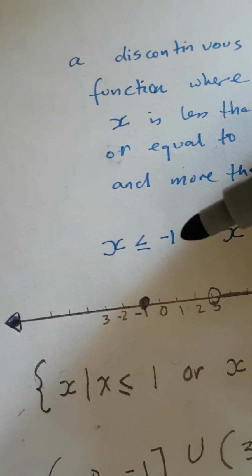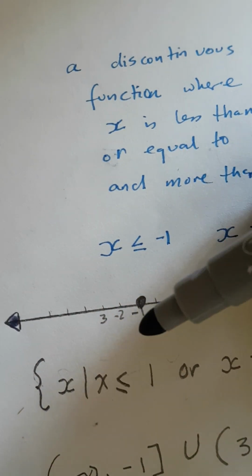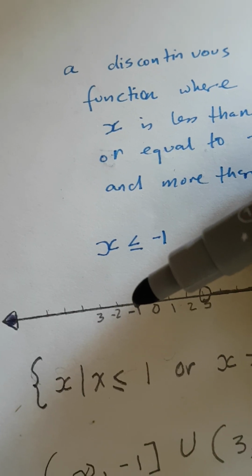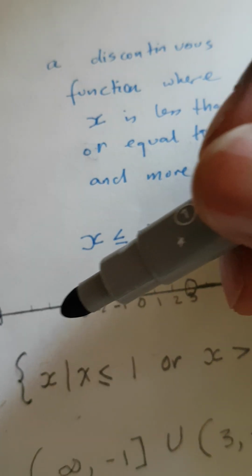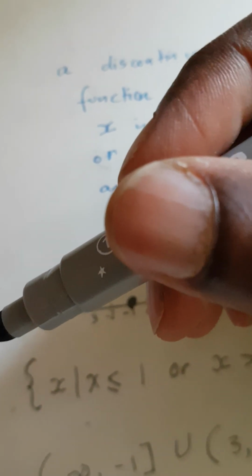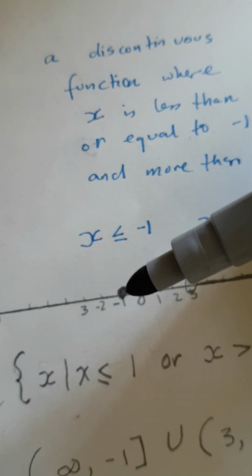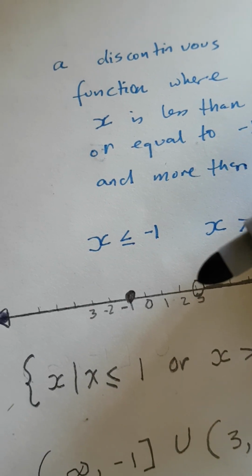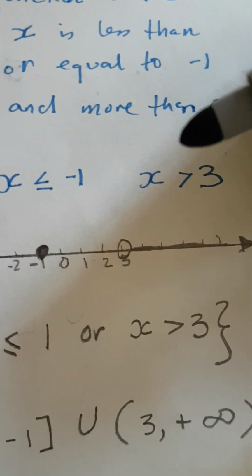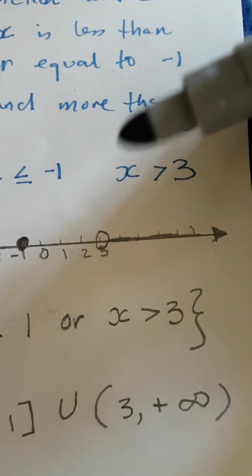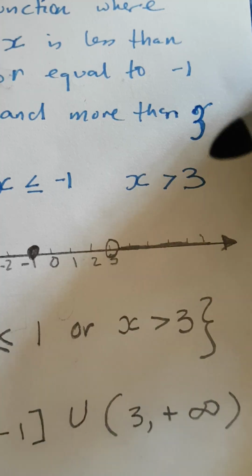So for the part x is less than or equal to minus 1, you have the colored in circle and the straight line going to minus infinity. And then there'll be a break here. So there's nothing between 1 and 3. And then you have x is more than 3.